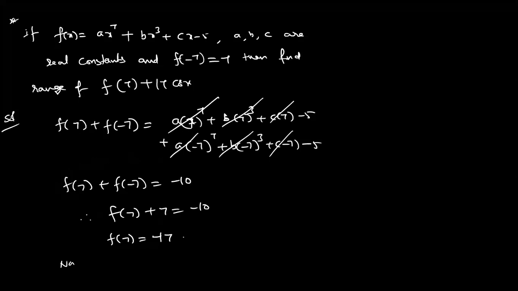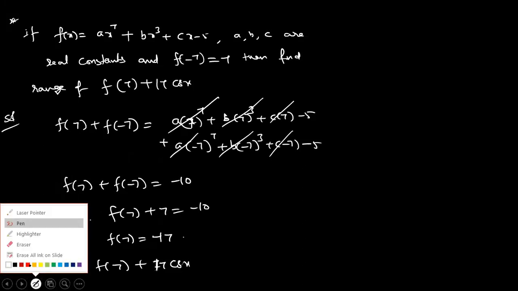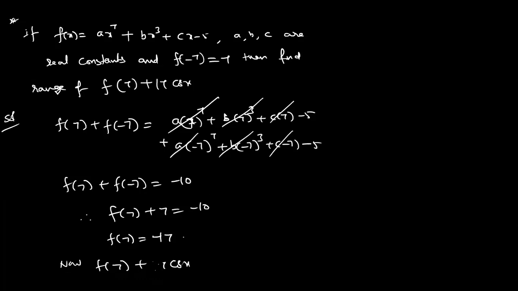Now, f of 7 plus 17 cos x. Now, f of 7 is minus 17, so this becomes minus 17 plus 17 cos x.